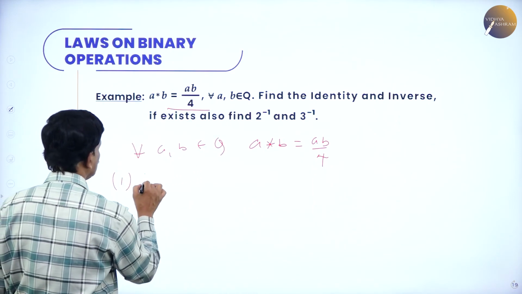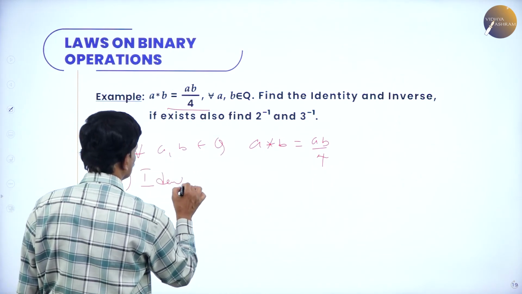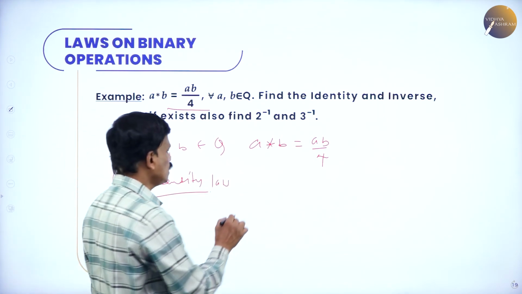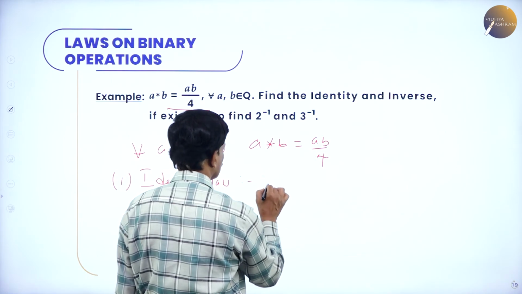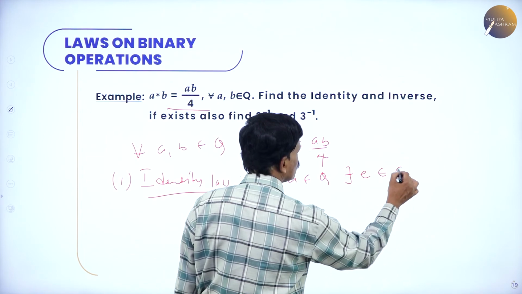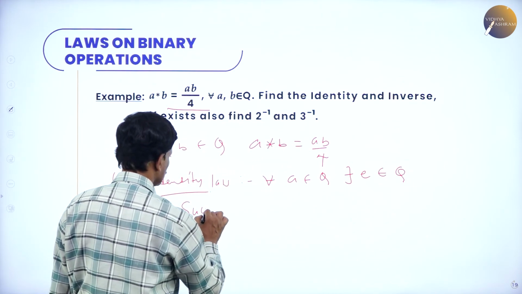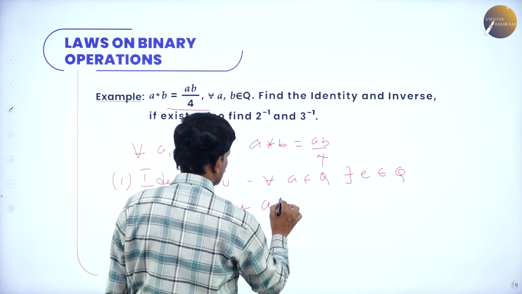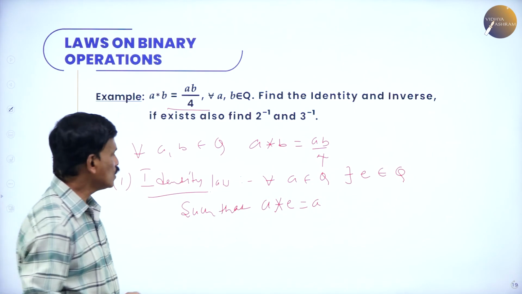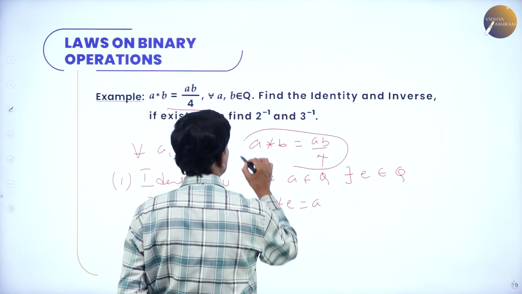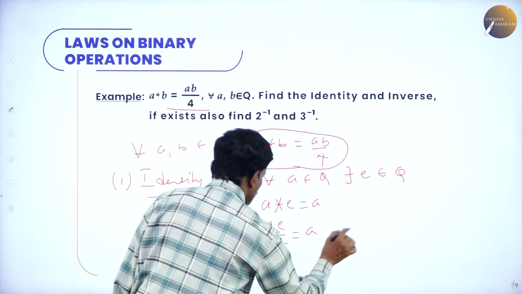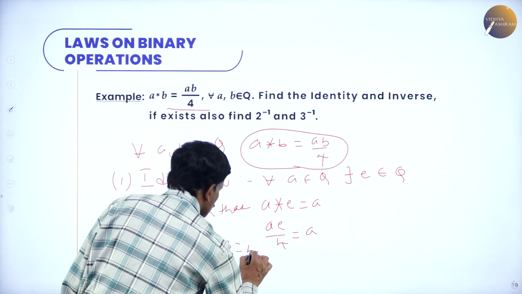Now, what is the identity property? So what is the identity law? For all A belongs to Q, there exists E belongs to Q such that A star E is equal to A. A into the identity element is equal to A. Now, since A star B is equal to AB by 4, therefore A star E can be written as AE by 4 is equal to A. Cross multiplied, AE is equal to 4A.